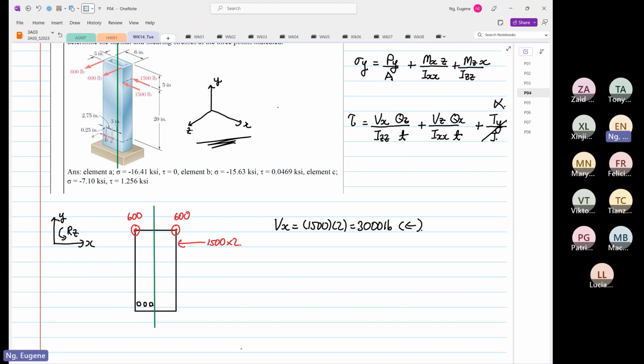Now, at the same time, if we were to look at thin wall analysis, that's what I like to do.